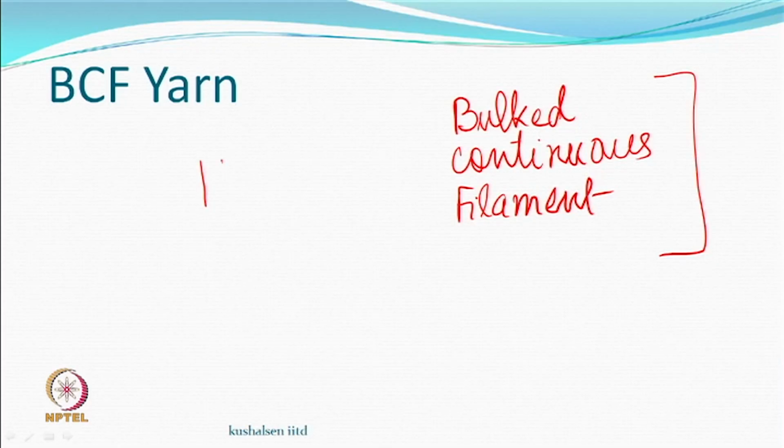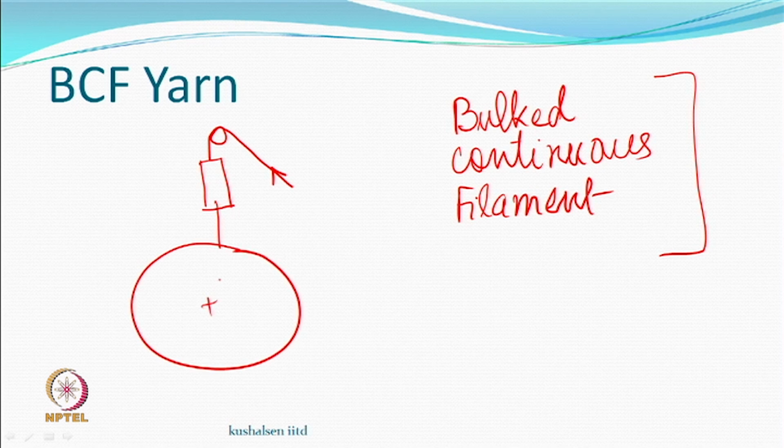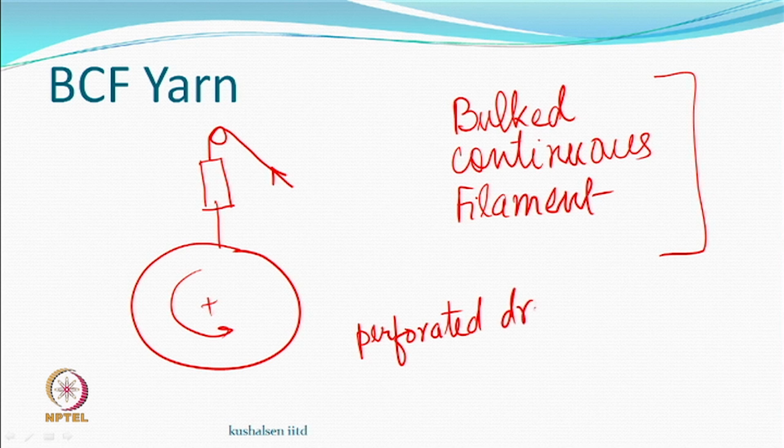And what is the simplicity of this? For example, if you have something like a jet through which you pass the yarn, there is a perforated drum and you obviously have a control as to how much yarn you want to send.